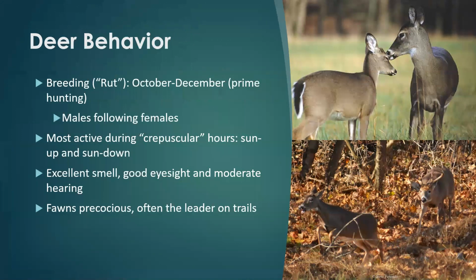But really this, what's called rutting behavior or breeding behavior, is elongated and really starts in October and can go into December for a little secondary rut that tends to pop up in the late season. But that peak is going to be mid-November.